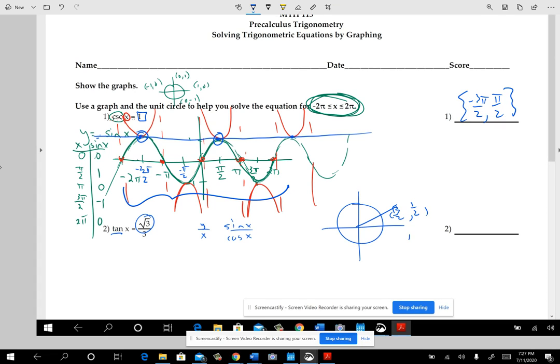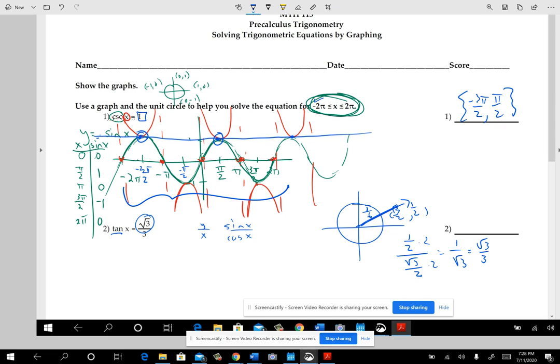The tangent would be the y coordinate over the x coordinate. When you simplify that, if I multiply top and bottom by 2, I'd get to here. And then if I rationalize that, it would be square root of 3 over 3. So that's one spot where it happens, and that is pi over 6.